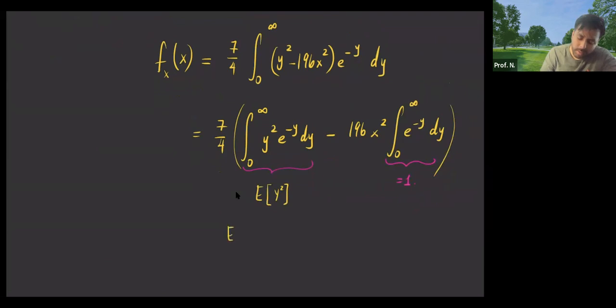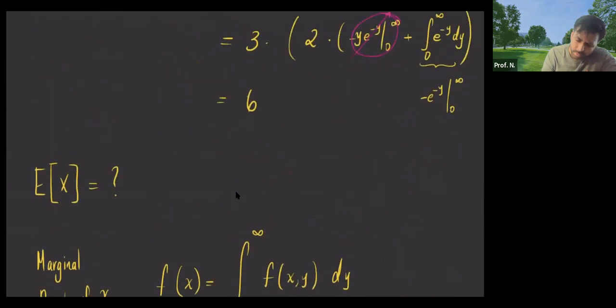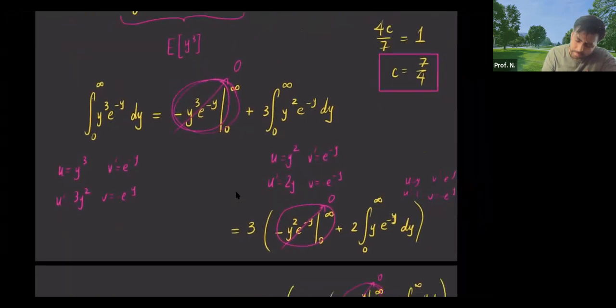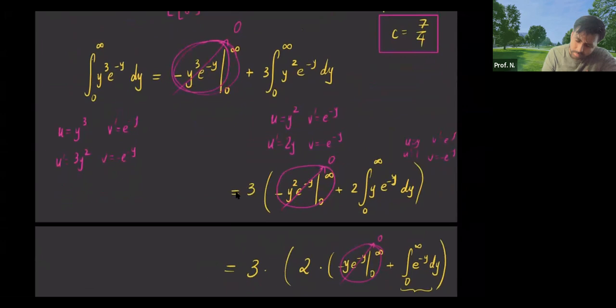And we know that the expected value of, well, what do we know? Didn't we do this one here, y squared? We did it right here, didn't we? And when we computed this, what was the result?